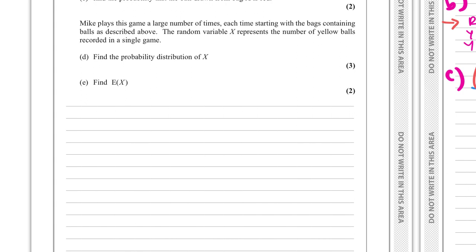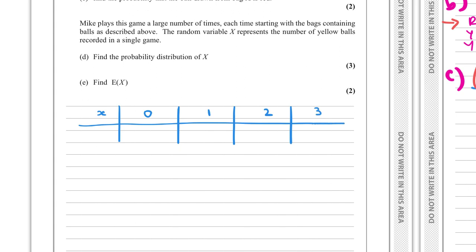Okay, so first of all, if we need to know the probability of x, and it said x represents the number of yellow balls, okay? So we can either get 0 yellow balls, exactly 1, exactly 2, or all 3, okay?